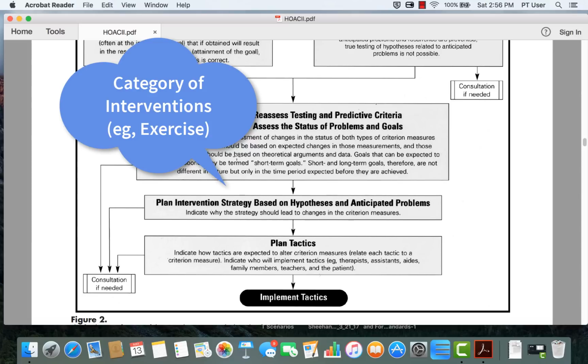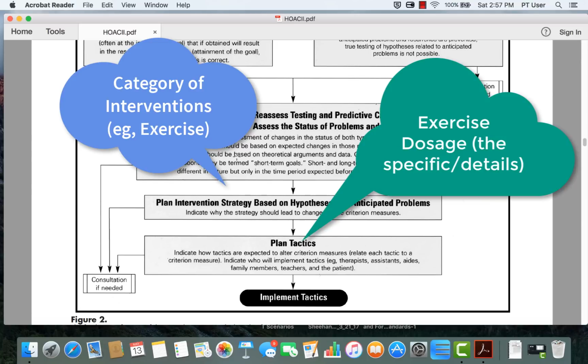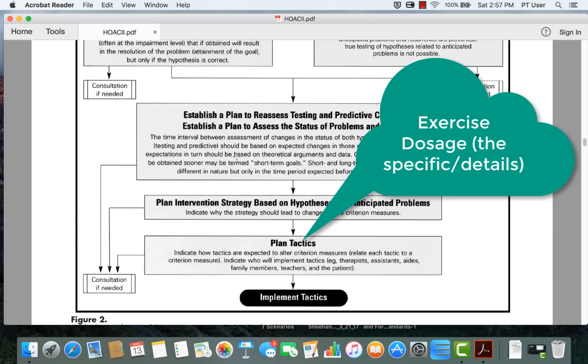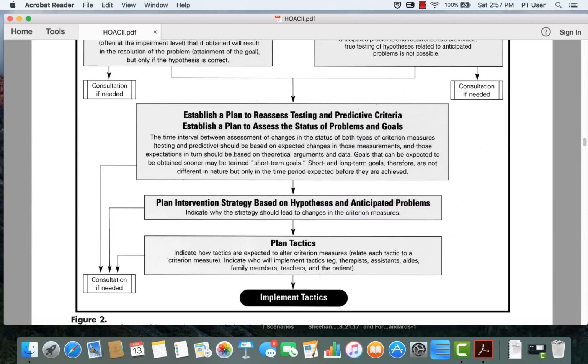The tactics is the actual prescription, the intensity, the frequency, and the duration of that exercise. Okay? So strategy is a little bit more general. Tactics is very specific. So that's why strategy comes first. Plan a strategy. I need to do therapeutic exercise. Plan tactics. Okay. What kind of exercise am I going to do? How long do they do it? How many reps? What's the intensity? What's the frequency? Right?